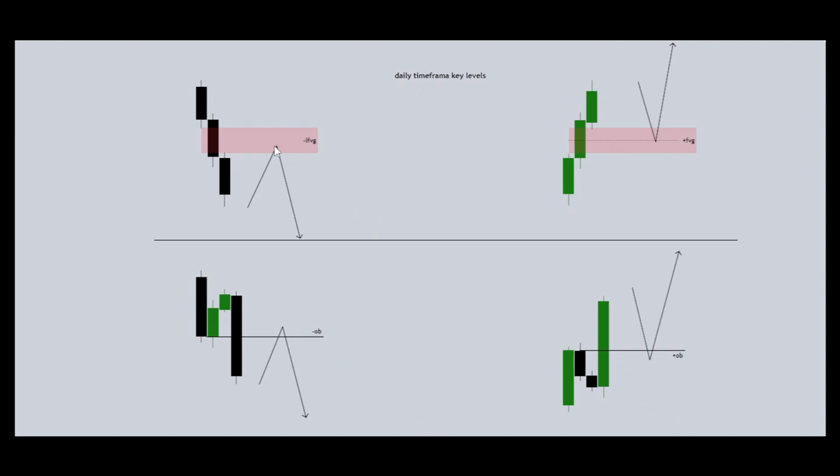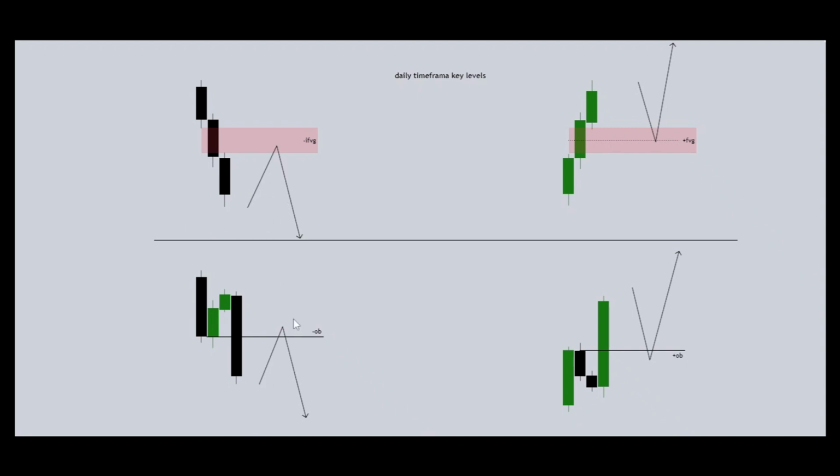It is the one. Same thing here. When the market comes to tap into this fair value gap, and then you see one of those patterns, just take that trade and hold it to at least a premium, or aim for the high that is right here, or the low that is right here, or a discount if bearish.